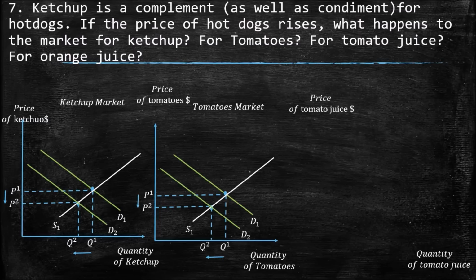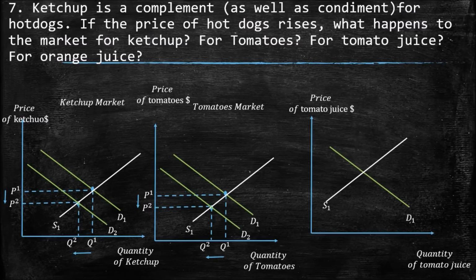The other market is tomato juice. Now the price in the tomato market is lower. Tomato juice needs tomatoes as an input, and the price of tomatoes decreases, so the input cost of tomato juice decreases.